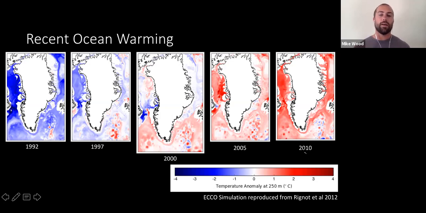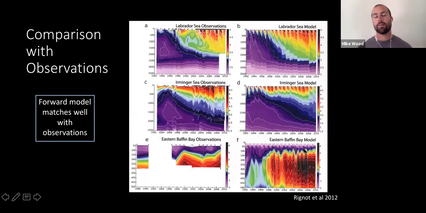And what we see is that ocean heat really starts to spread around Greenland in earnest at the turn of the century. So it's important to note that this is a forward model. It doesn't employ any assimilation, but if you compare the forward model results to the observations we do have around Greenland, say in the Labrador Sea, Irminger Sea, or some sparse observations in eastern Baffin Bay, what we find is that it does a pretty good job replicating the general pattern and the magnitude of these temperature changes around Greenland.